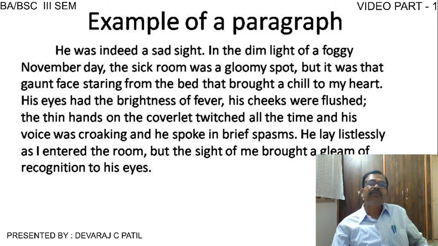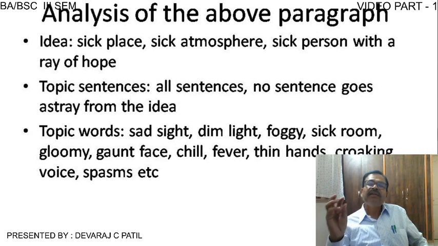So, dim light of a foggy November, indeed a sad sight, and sick room, gloomy spot. It was that gaunt face staring from the bed that brought a chill to my heart. In every sentence there is a tonic word that is connected with the idea. The tonic words: sad sight, dim light, foggy, sick room, gloomy, gaunt face, chill, fever.